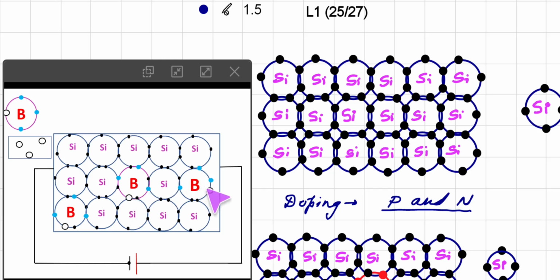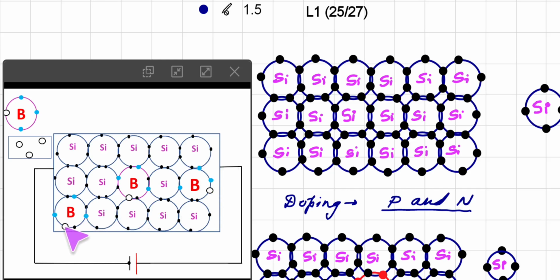So here it is shown there are 3 atoms, so we get 3 holes, and in this way this part of the bar now has 3 holes in the material.